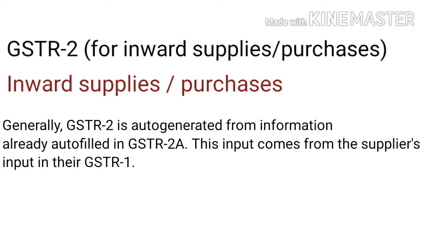The recipient could accept, reject, or modify, and if there are any changes made by the recipient, it should only be in GSTR 2. This process of making changes and filing GSTR 2 needs to be done on or before the 15th of the subsequent month.